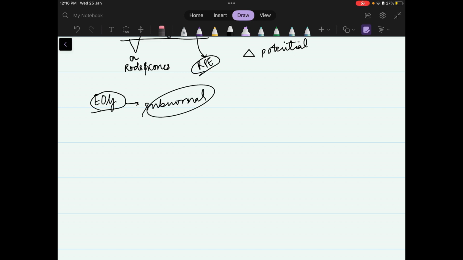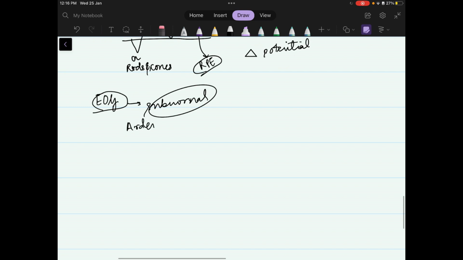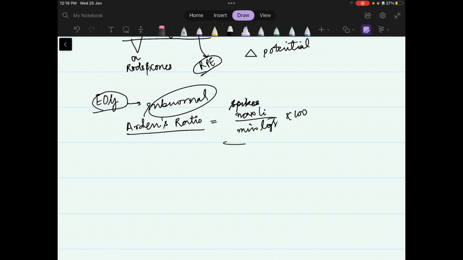What we basically measure is the Arden's ratio, and it's a ratio obviously. There will be spikes seen whenever we give light. The spikes on maximum light divided by the spikes on minimum light, multiplied by 100, gives the Arden's ratio. If it is more than 185, it is normal.